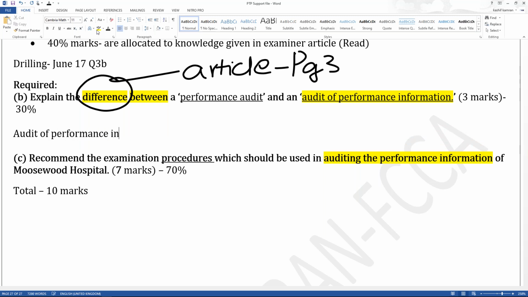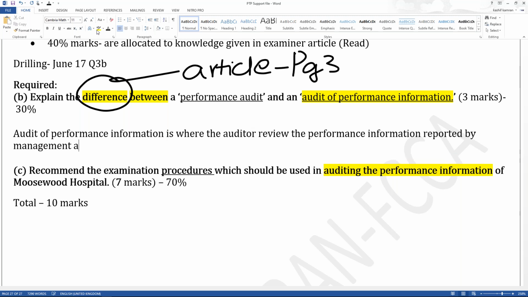The audit of performance information is where the auditor reviews the performance information reported by management against what?